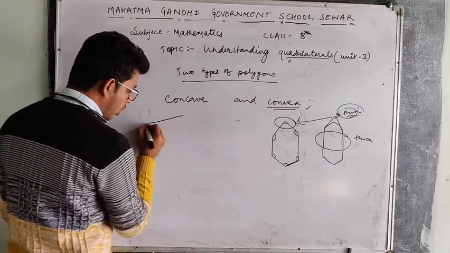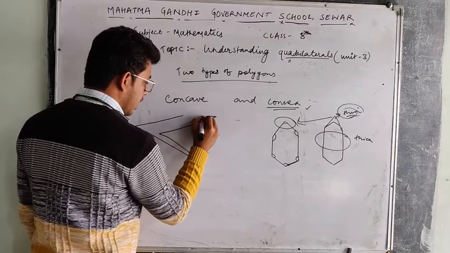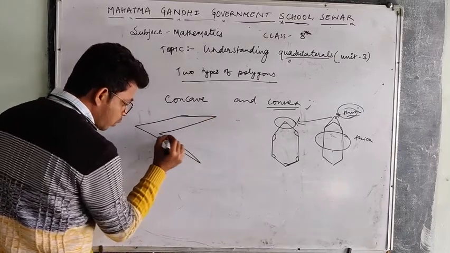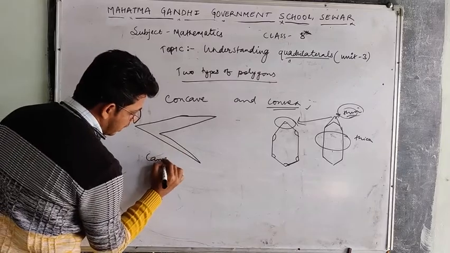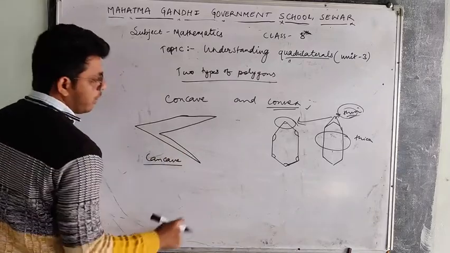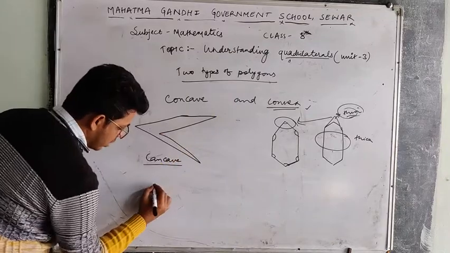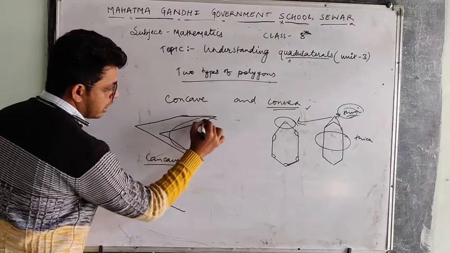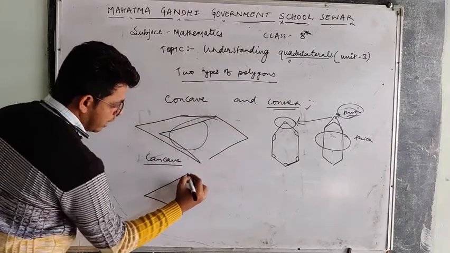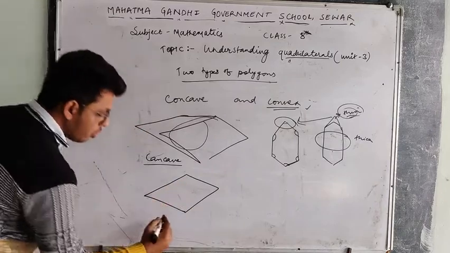If I draw a structure and make an angle which is protruding inside, this is called a concave structure or concave polygon. If I draw the same structure and move this angle to here like this, this structure will change to convex.